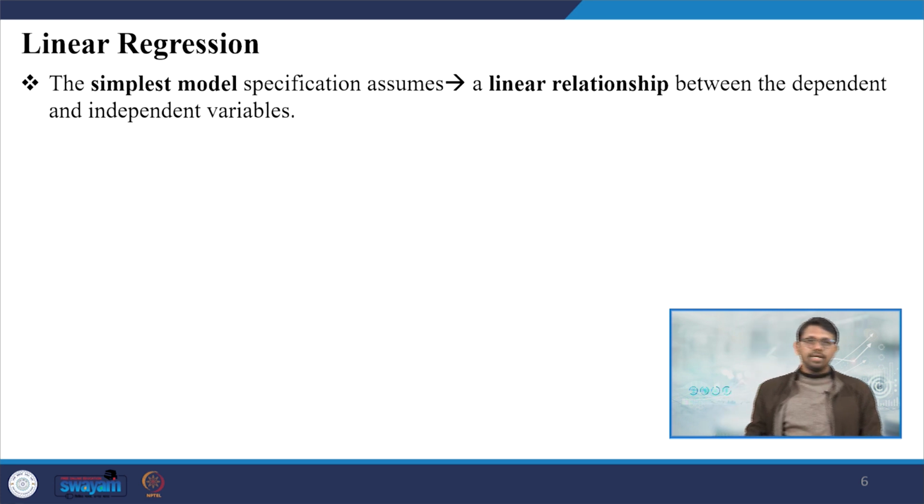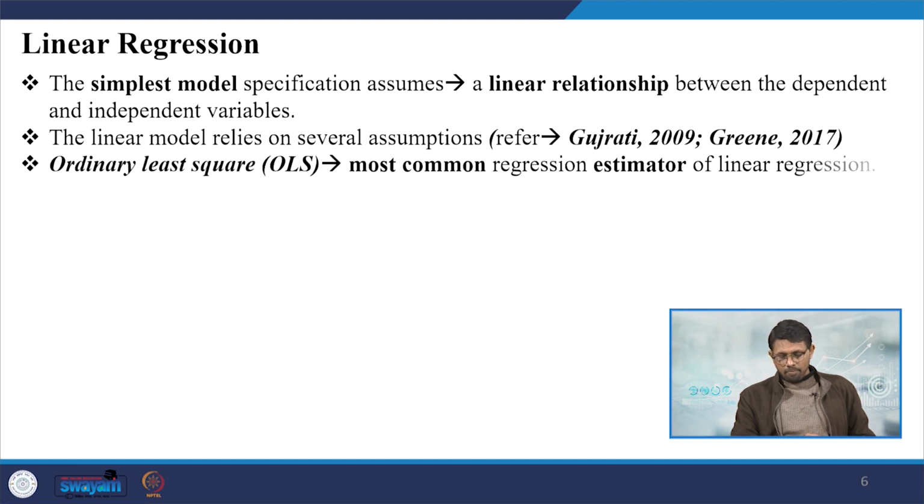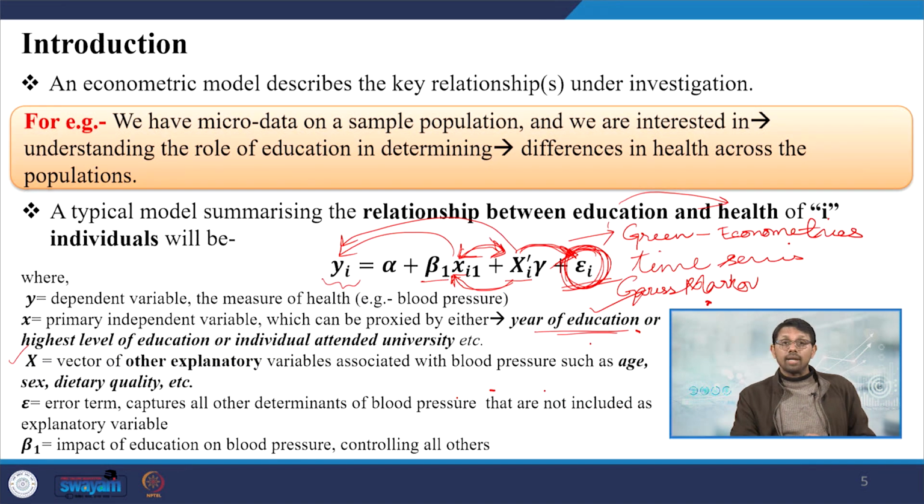So, linearity, as you might have read, means it is linear with the what parameter. Okay. So, the parameter should be linear. Variables might be non-linear, but the parameter which we are estimating must be linear in nature. Okay.